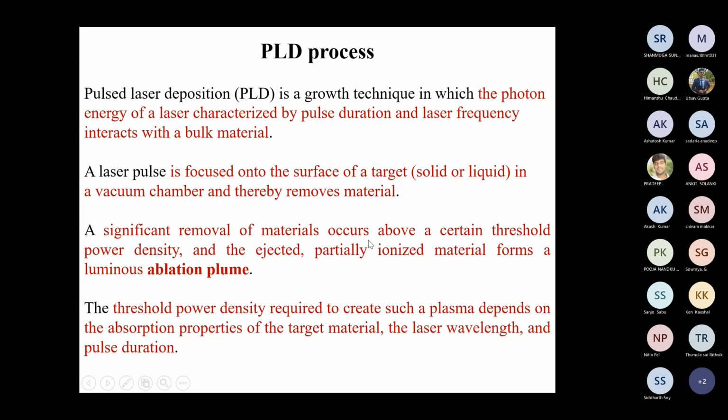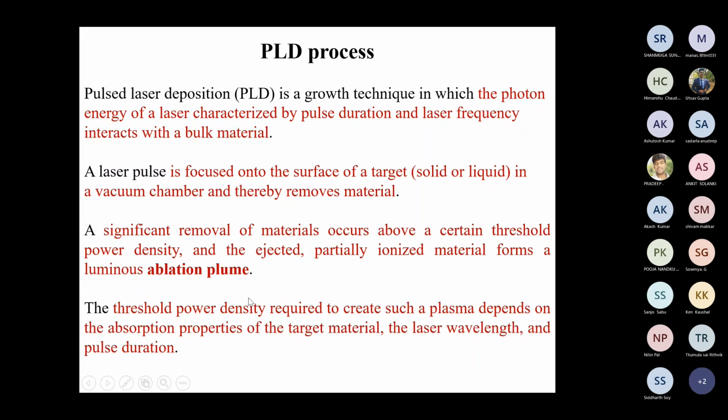The significant removal of the material occurs above a certain threshold power density, and that ejected, partially ionized material forms a luminous ablation plume. You can see the color, so that's why it's called luminous.